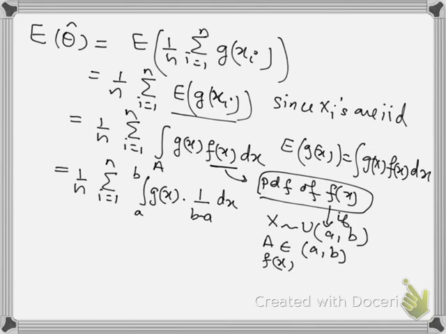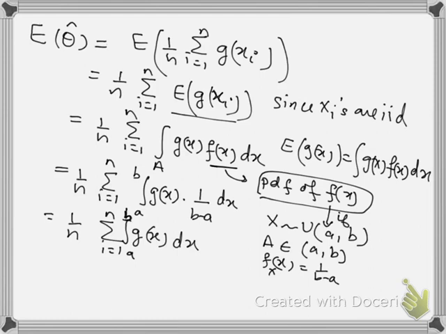F(x) would be 1 over b minus a, and in that case it would become the integral of g(x) dx. And oh yeah, I am forgetting the b minus a.